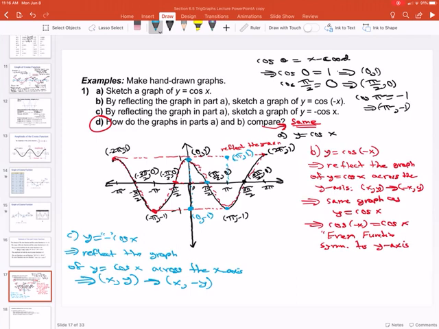You see that mirror image across the x-axis. (3 pi over 2, 0) is still (3 pi over 2, 0). (2 pi, 1) reflected is at (2 pi, negative 1). So every ordered pair on the graph of cosine x, we flip directly across the x-axis.